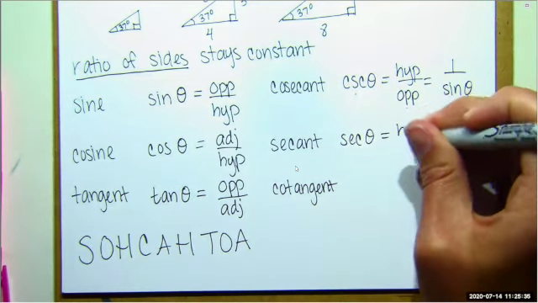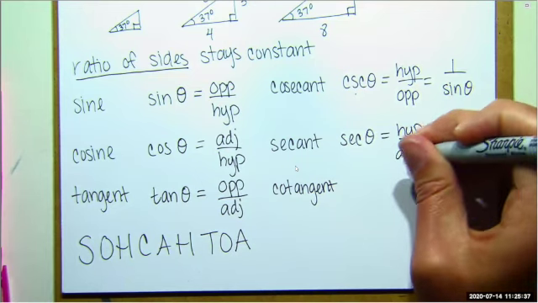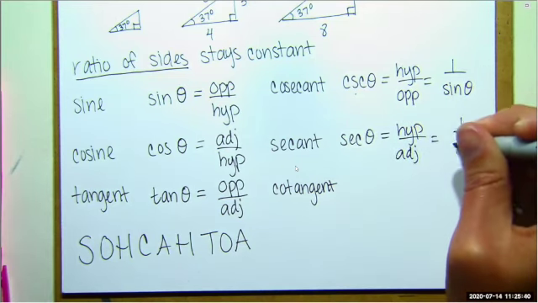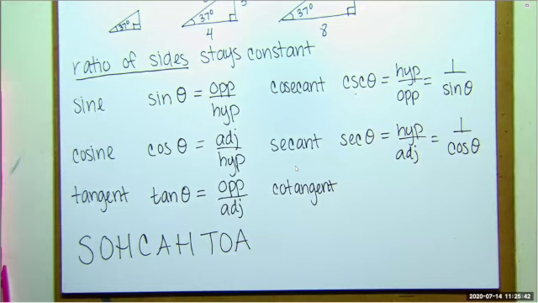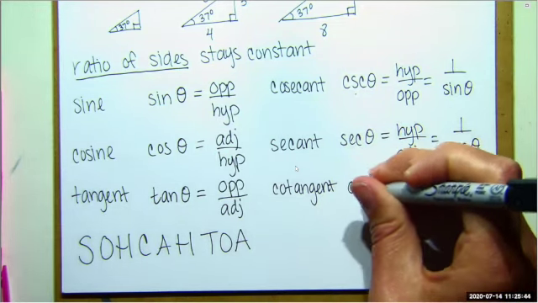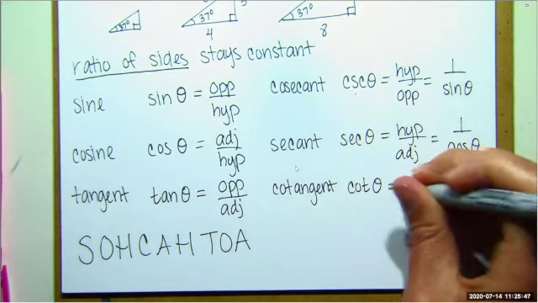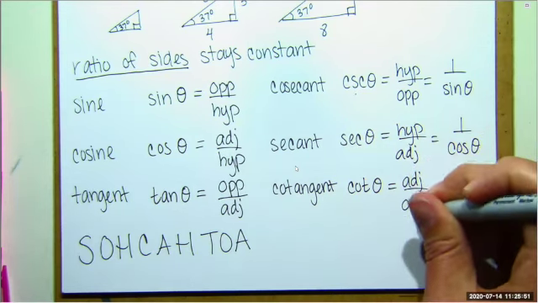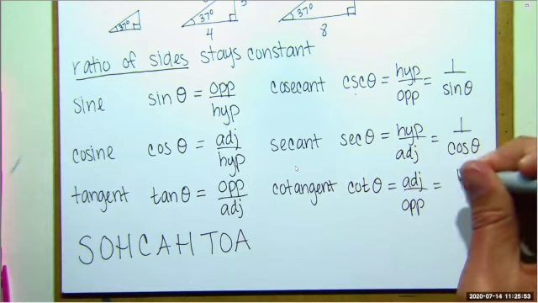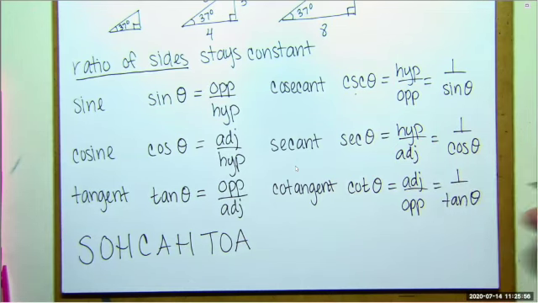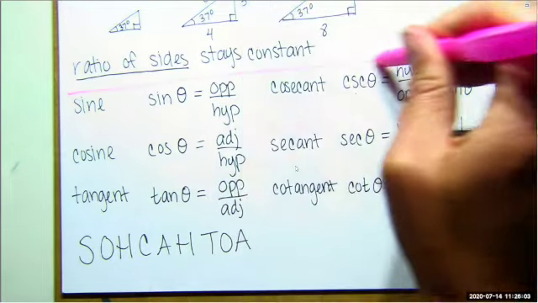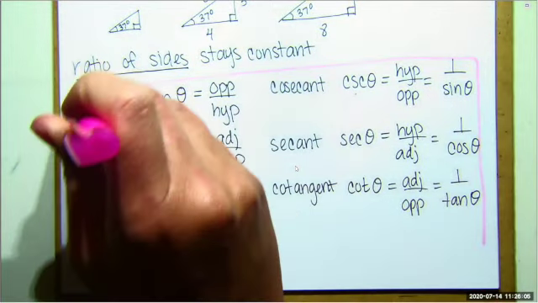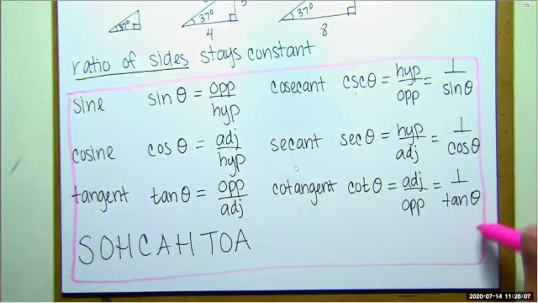This is defined as the hypotenuse over the adjacent. This is the reciprocal of cosine. Cotangent, we abbreviate COT. That's defined as adjacent over the opposite, which is the reciprocal of tangent. If you are marking your notes, what's really important, you can put this whole thing in a big highlighted box. This is really, really, really important.